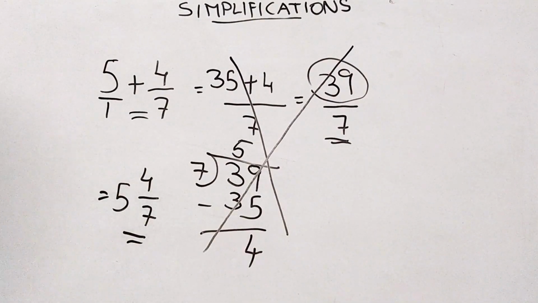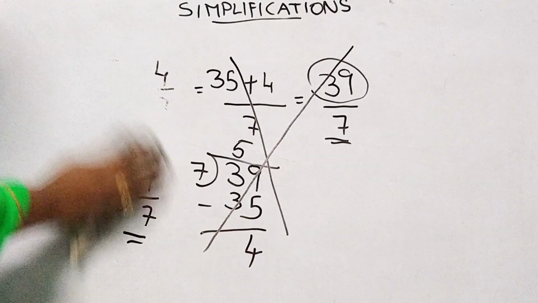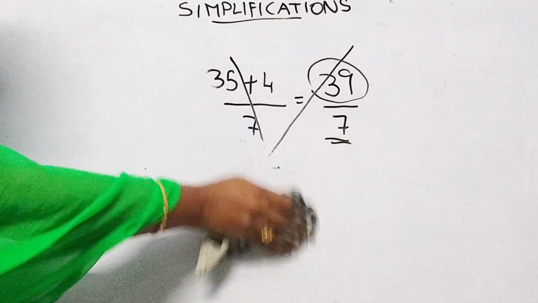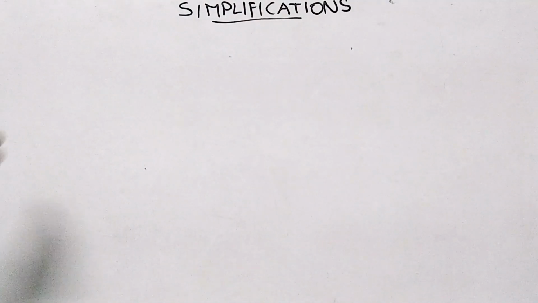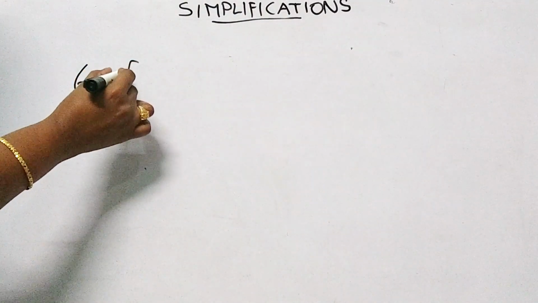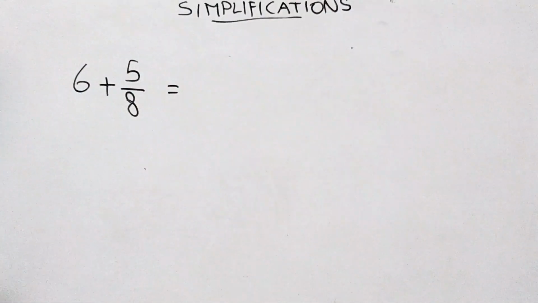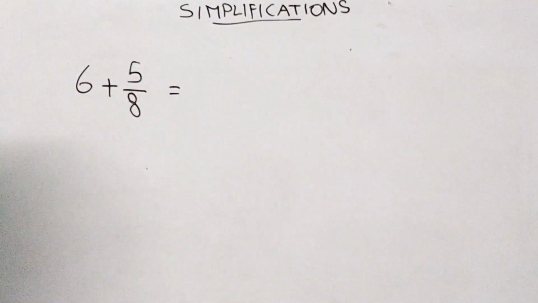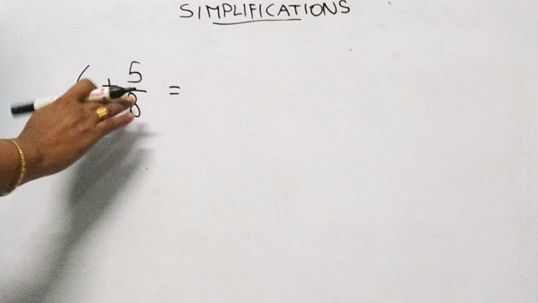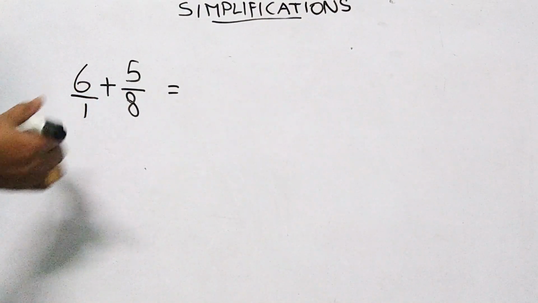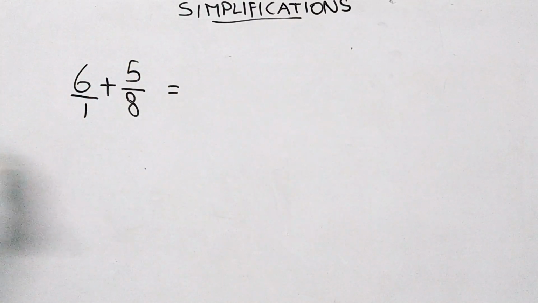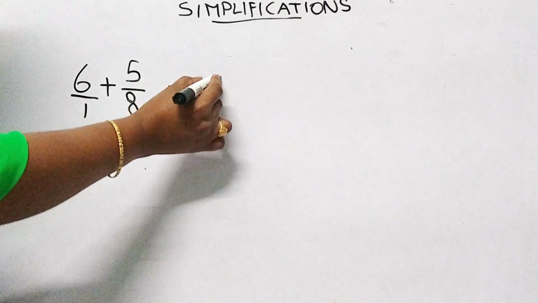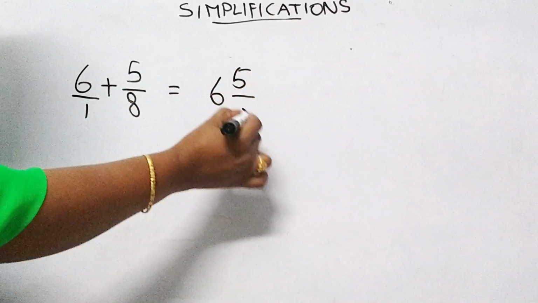Now take some other numbers. 6 plus 5 by 8. Now also the same process. When you take the LCM and cross multiply 6 and 8 plus 5 and 1, we get the same answer as 6 5 by 8.